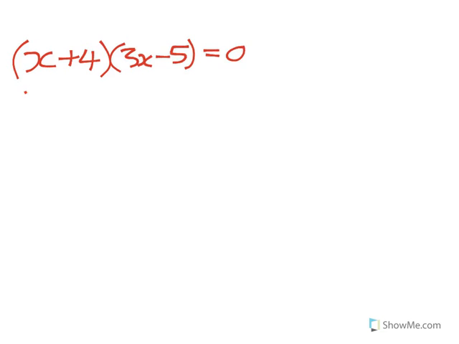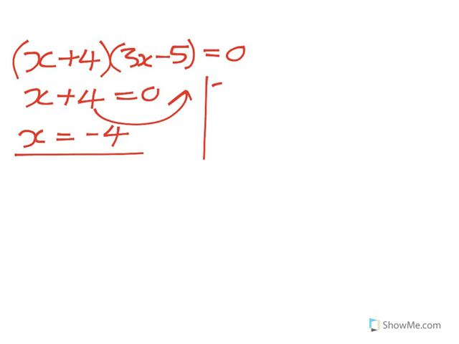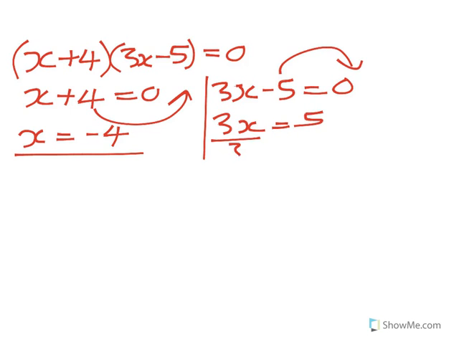Again, x plus 4 and 3x minus 5 is equal to 0. Therefore, x plus 4 equal to 0. You take 4 to the other side, you're going to have x is equal to minus 4, or 3x minus 5 is equal to 0. Then 3x is equal to positive 5. Divide by 3 both sides, x is equal to 5 over 3.